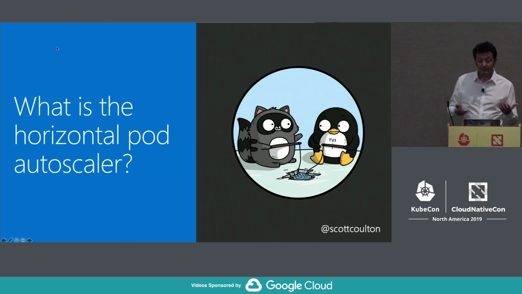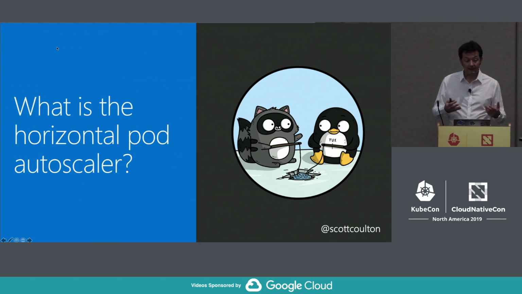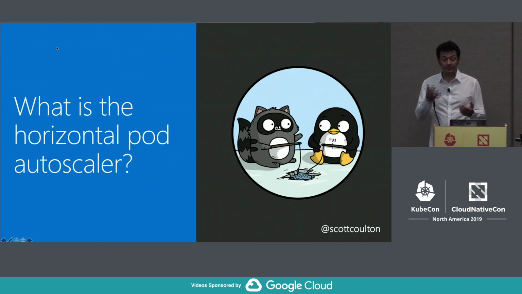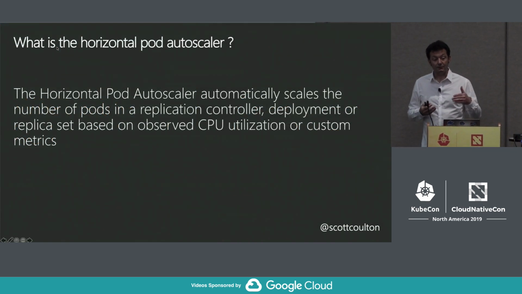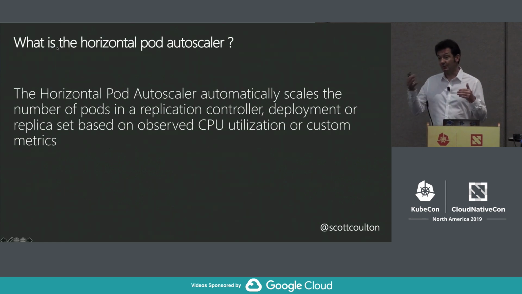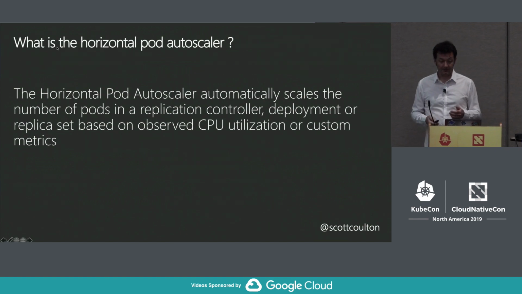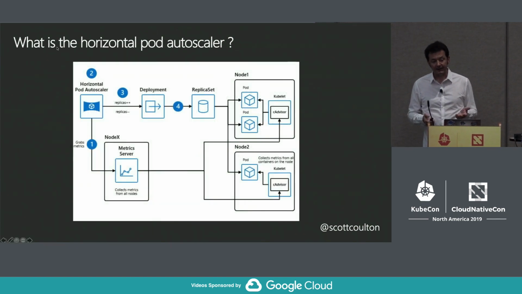So it's a component of Kubernetes. It's looking at the metric server, and based on the metrics that are coming back, and depending on how you program it, it will manage a deployment and scale the pods automatically. Okay, so that's the horizontal pod autoscaler.